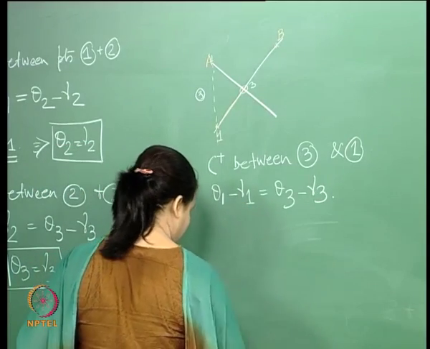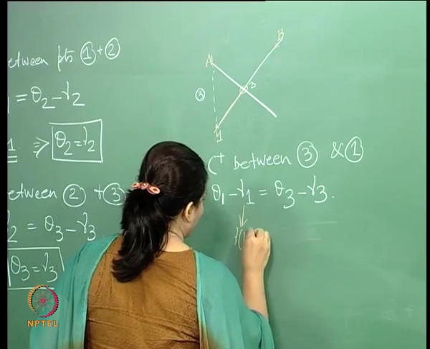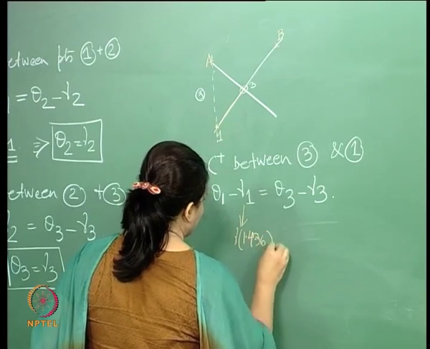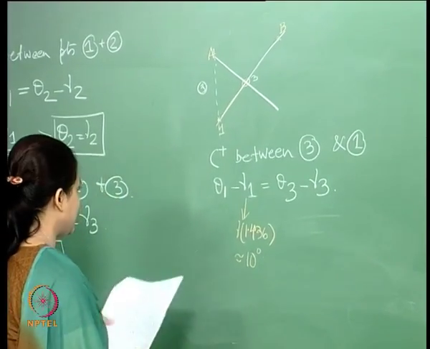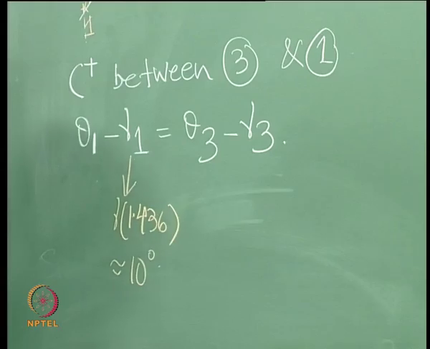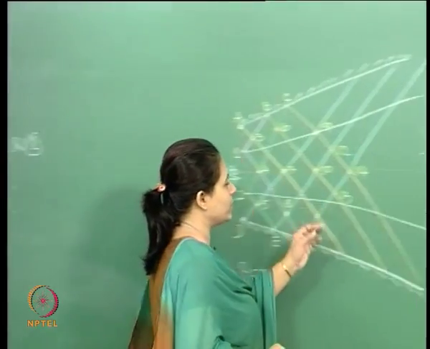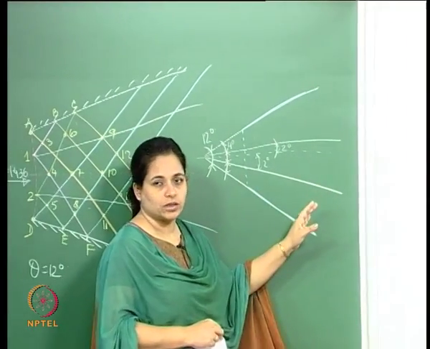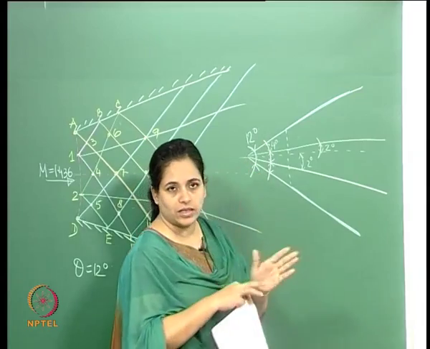So nu 1 essentially, right, corresponds to a Mach number of 1.436, which is around 10 degrees, and theta 1 is 2 degrees, as we just saw from this. This is the geometry definition, right. It is given that the total divergence of this is 12, the channel is diverging by 12 degrees.